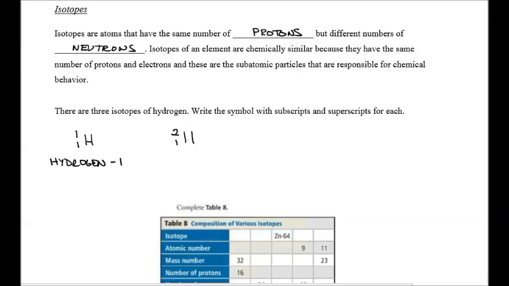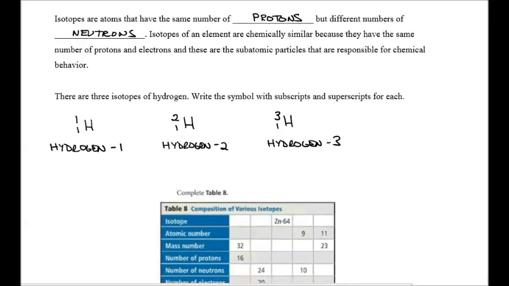The second isotope is hydrogen-2. And the third isotope is hydrogen-3. Notice they each have the same atomic number, 1, but they each have a different atomic mass. So where hydrogen-3 has 2 neutrons, by subtracting the numbers, hydrogen-1 has no neutrons because 1 minus 1 is 0.